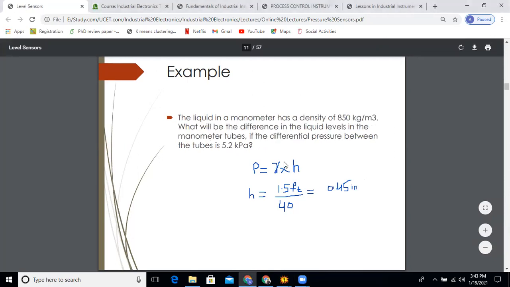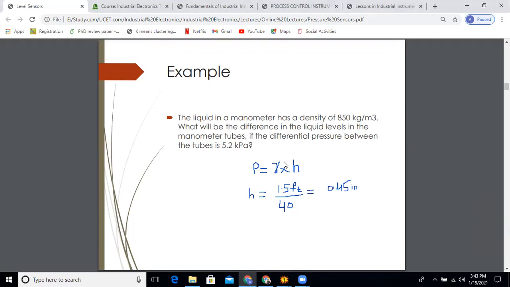The liquid in a manometer has a density of 850 kilograms per meter cube. What will be the difference in the liquid levels in the manometer tube if the differential pressure between the tube is 5.2 kilopascals? We will use the same formula, and we have to find the value of H again. By using this formula we can easily find the values.